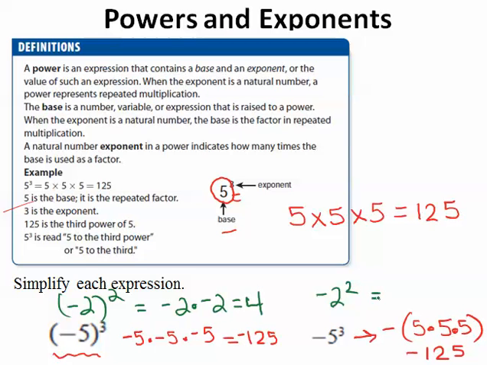But this says negative out front, and the 2 is only on the base. So it'd be 2 times 2, which makes this -4. And you're like, wait a minute, that's not right. And the reason I'm telling you this is because you have to be careful with your calculator. Always, always, always use parentheses when you're using exponents in your calculator, because your calculator will not do it correctly.